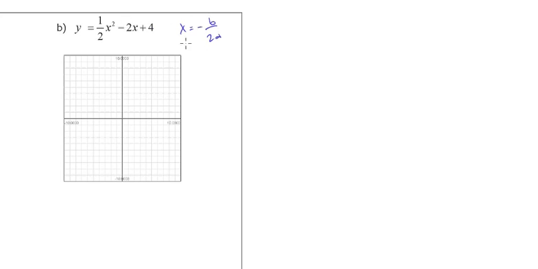So x equals -(-2) over 2 times a, which is 1/2. And so 1/2 times 2 is 1, and so you'd find out pretty quickly that x is equal to 2. But let's use this as an opportunity to review again.